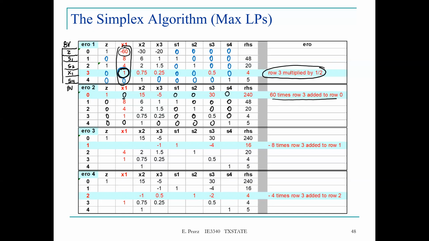These are my basic variables again, just to keep everything. So this is X1, Z, S1, S2, and S4. So next step is to make this 0, right? So I'm multiplying row 3 by minus 8 and add that to row 1. So that's going to make this 0. This was already 0. This was already 0.